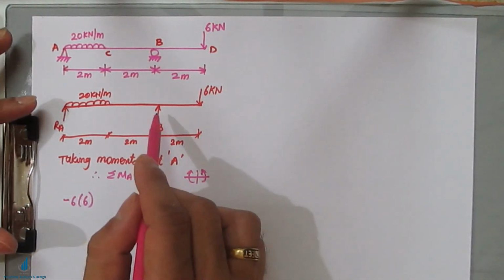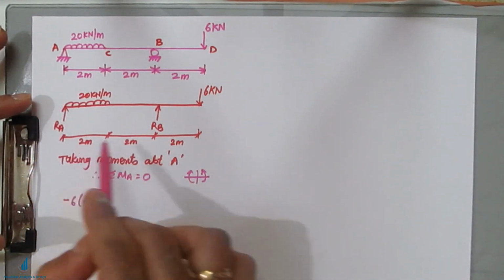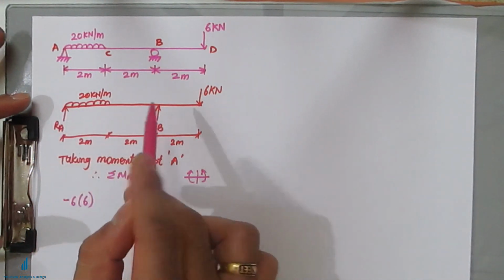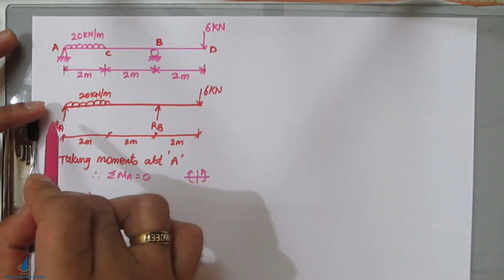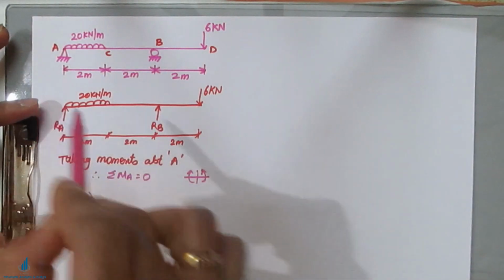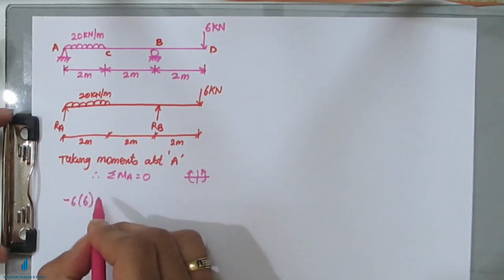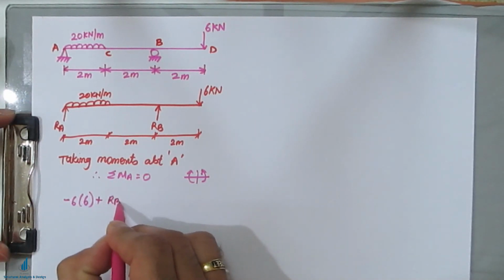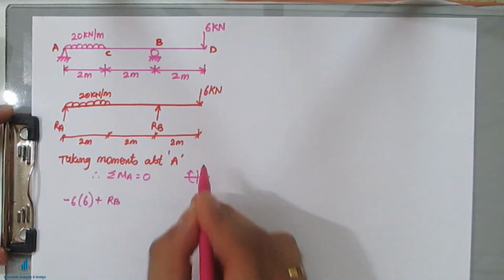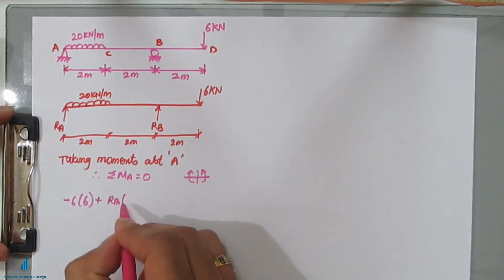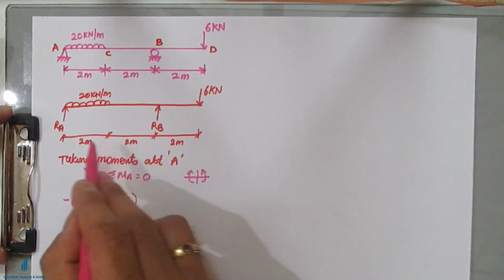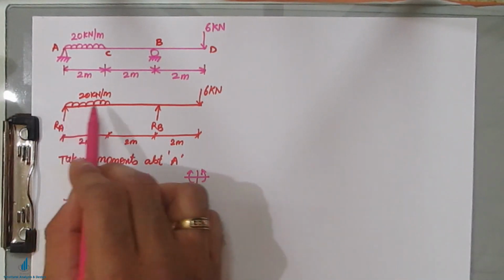And then RB is rotating at a distance of 4 meters, 2 plus 2, anti-clockwise about A. So this is positive RB, because anti-clockwise direction is positive. And this is the UDL.